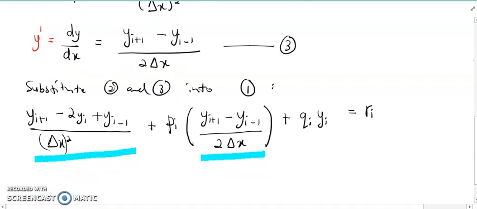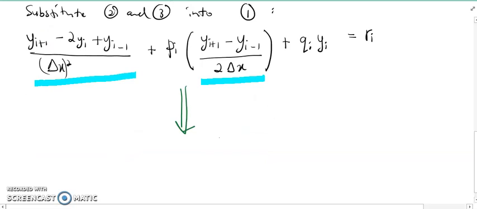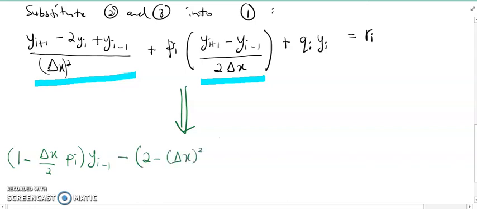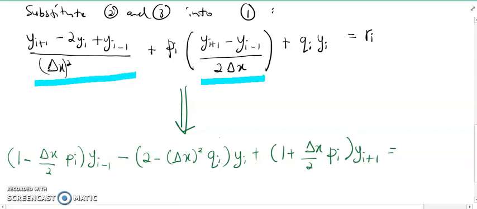After some algebraic manipulation, you can simplify this equation as 1 minus delta x over 2 pi times yi minus 1, minus 2 minus delta x square qi times yi, plus 1 plus delta x over 2 pi times yi plus 1, equals delta x square times ri.